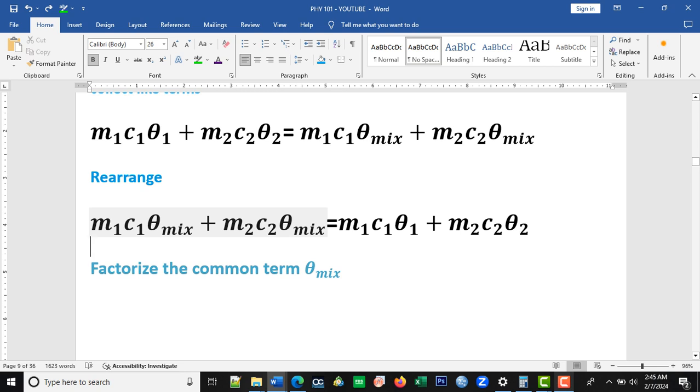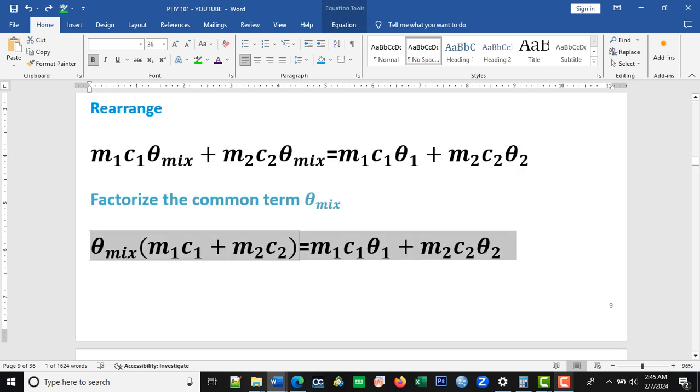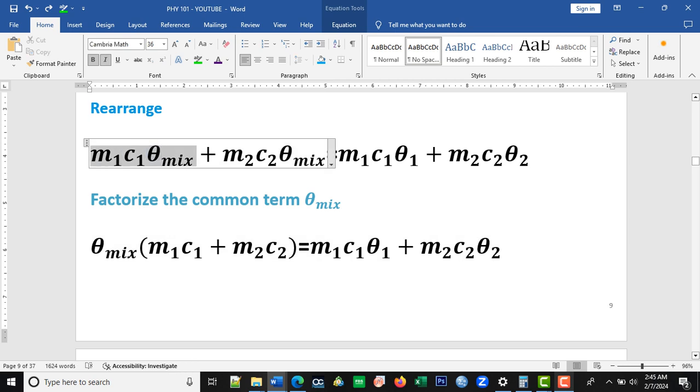So when we do that, since we are looking for ways to solve for θ mix, when we factorize that, then we will have θ mix times (M1 C1 plus M2 C2) equals M1 C1 θ1 plus M2 C2 θ2. What did we do? If you multiply the θ mix by M1 C1, you get the previous expression here.